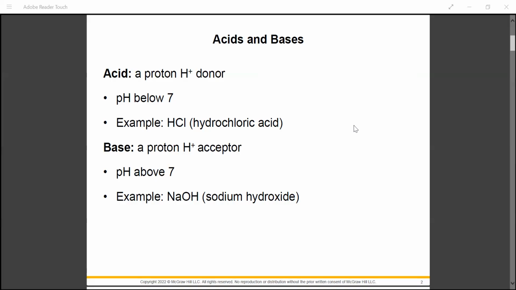So you can have different strengths of acids and bases, and what makes one stronger than the other is the amount it dissociates. So for example, hydrochloric acid is a very strong acid. So if I put that into a solution, it's pretty much all going to split into hydrogens and chlorine.